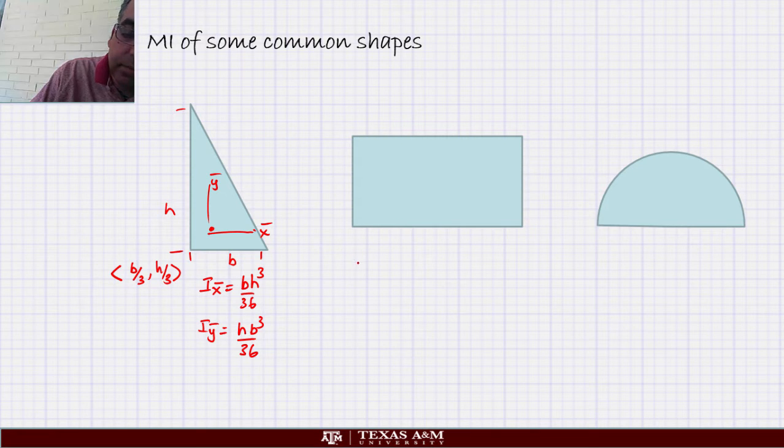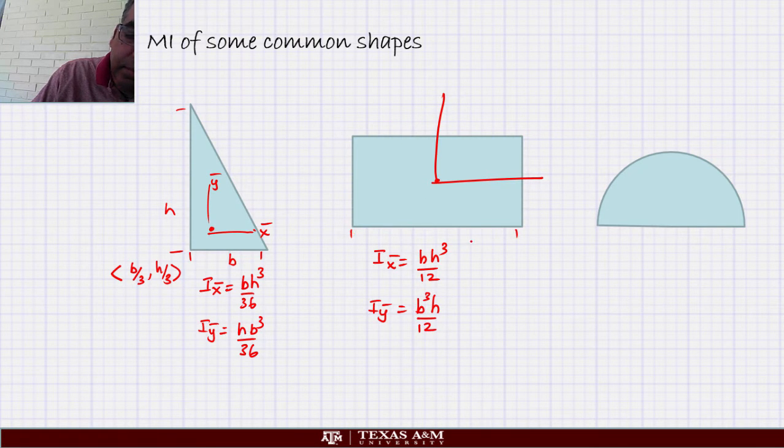For a rectangle, the center of mass location is there, and then I x bar is bh cubed over 12. I y bar is b cubed h over 12. And this is b, that's h.